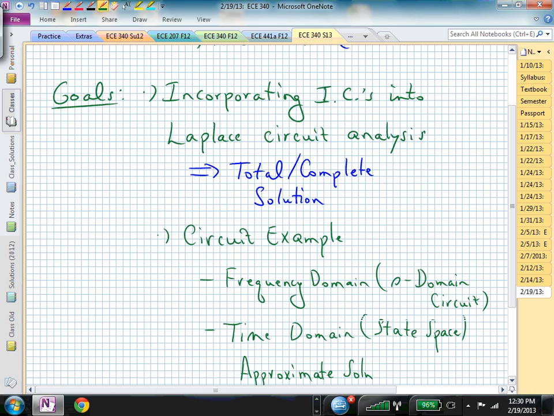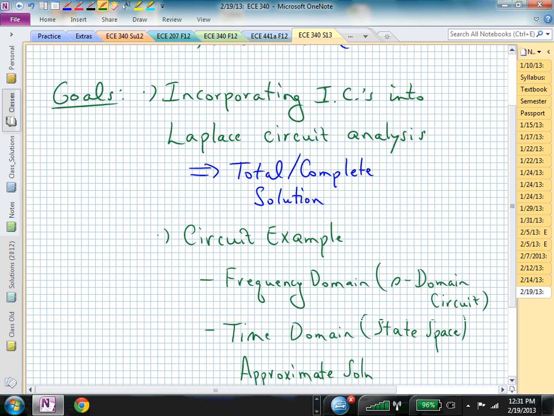Today, what I want to do is work through solving a circuit completely, getting the total response, not just the sinusoidal steady state, not just the transient, but all of those pieces combined. And we will look at that in a couple of different ways, one in the frequency domain and the other in the time domain. The frequency domain requires that we convert this circuit into its S-domain circuit equivalent, and that's going to then allow us to incorporate the initial conditions on our energy storage devices, and those will now become separate sources.